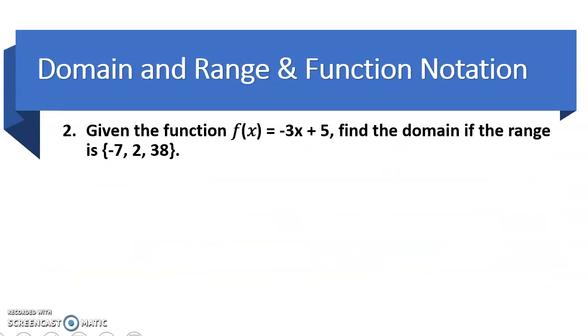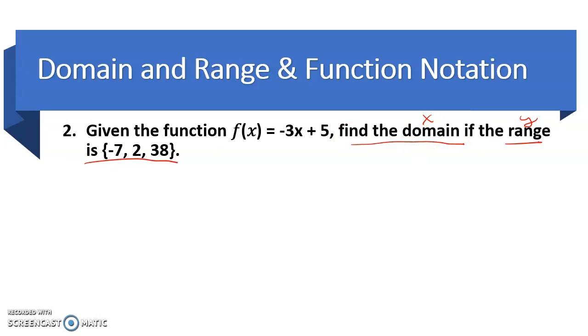Alright, next problem. Given the function f of x equals negative 3x plus 5, find the domain if the range is negative 7, 2, and 38. Now, this one's a little different. This one we want to find x. If you think back to when we first started function notation, we had those problems that said find x if f of x equals, and it gives you a number.